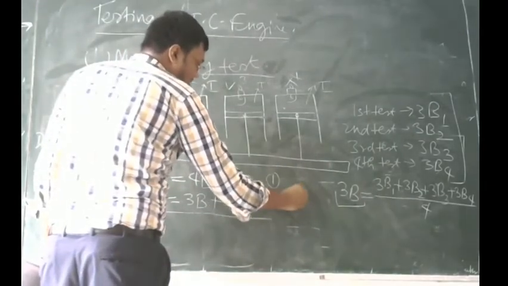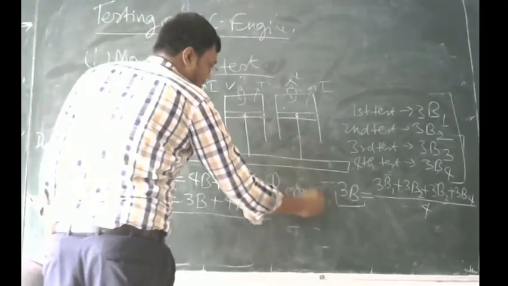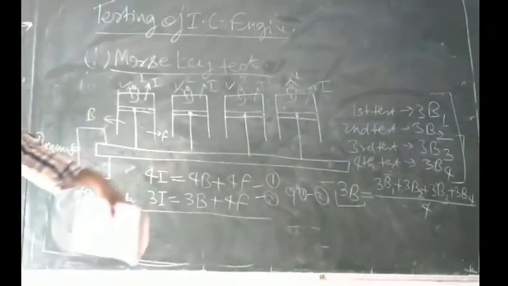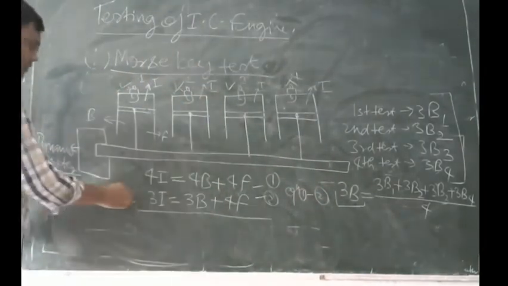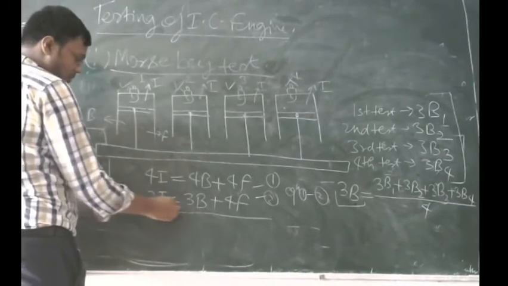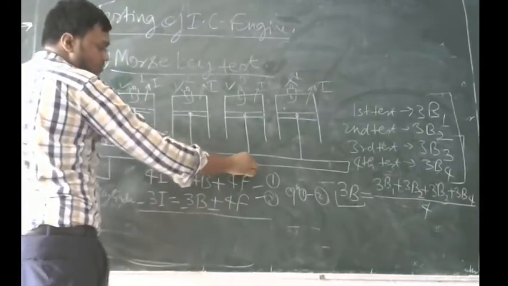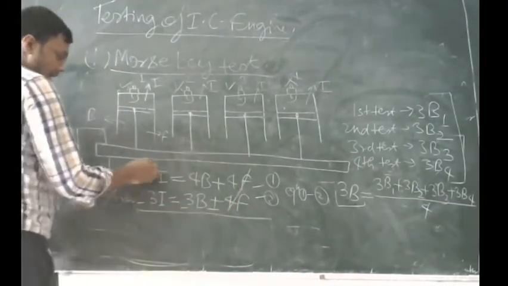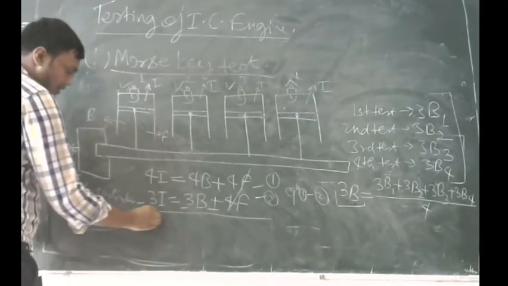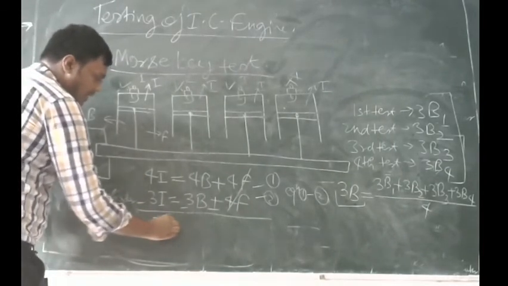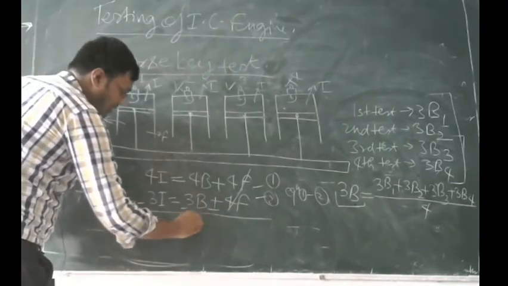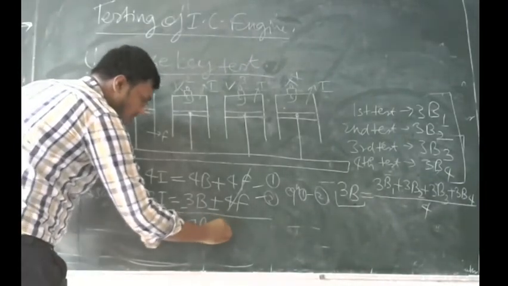So subtract equation number 2 from equation number 1. Equation number 1 minus equation number 2. When we subtract, the 4F cancels out, and 4I minus 3I is equal to I, equal to 4B minus 3B.